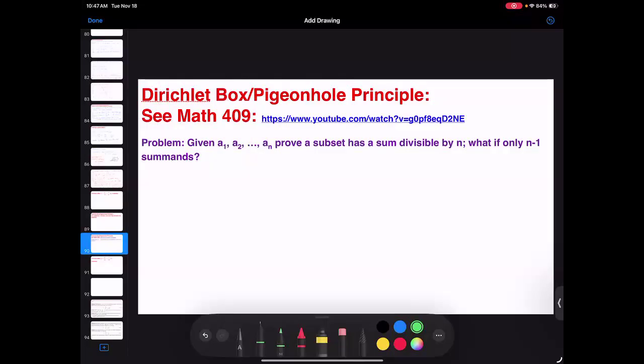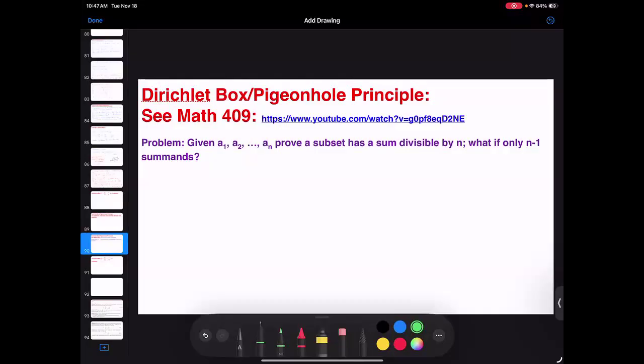So what would be the simplest thing to assume about all the numbers? Because we have to look at all possible sums. So if the numbers are the same, there's going to be a lot fewer sums. And we might as well make all the numbers what? 1. Because if they're all 2 or 3 or 4, we've just rescaled things.